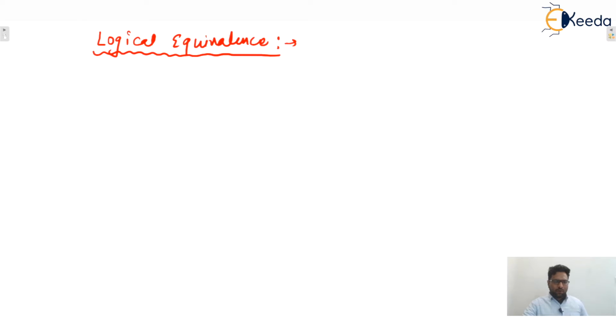So the first one: P implies Q. You can see in logic, this is equivalent to negation P or Q. You can make the truth table for the left hand side and right hand side, and you will see both are equivalent. Or in Boolean algebra, we can write it like that, P dash plus Q. This one is very, very important.